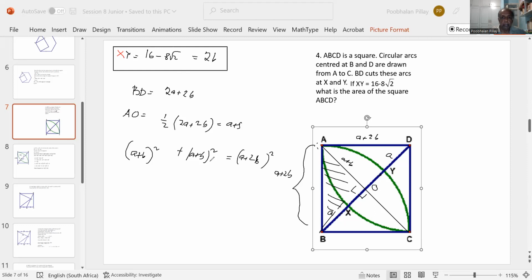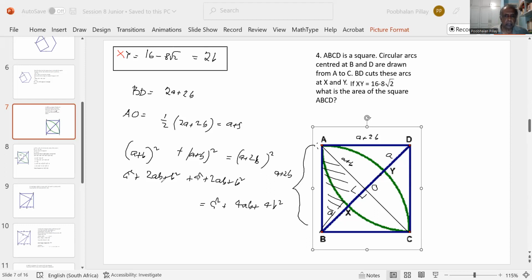I'm not going to do it straight away, because I want to simplify this. So when you simplify this, you get A squared plus 2AB. I'm going to go quite fast here. And this is doubled. And you're squaring A plus 2B. A plus 2B all squared is A squared plus 4AB plus 4B squared.